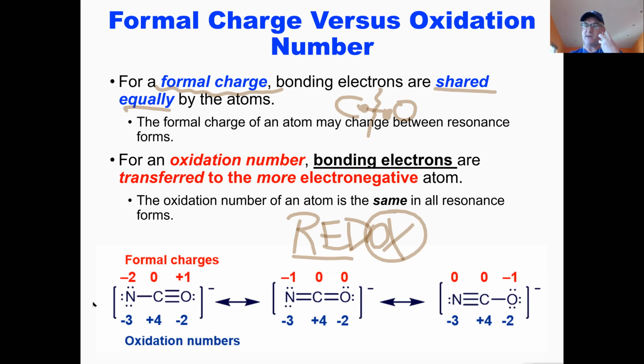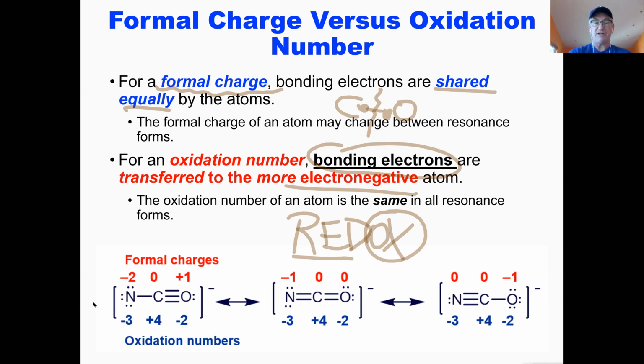But when I'm talking about figuring out the oxidation number of an atom, all the bonding electrons go to whoever is more electronegative. And so in a resonance form, it doesn't matter where the formal charges are. The oxidation numbers are all going to be exactly the same because you can't change who you're bonded to.